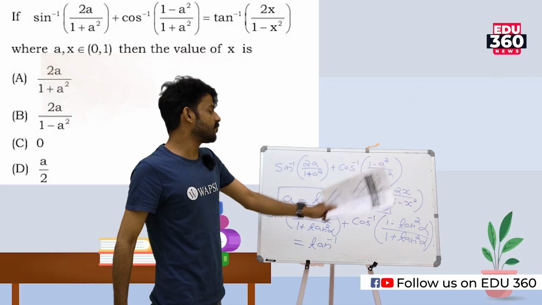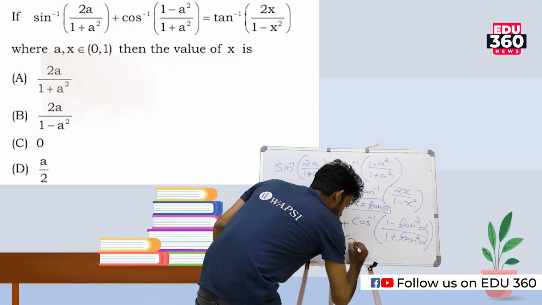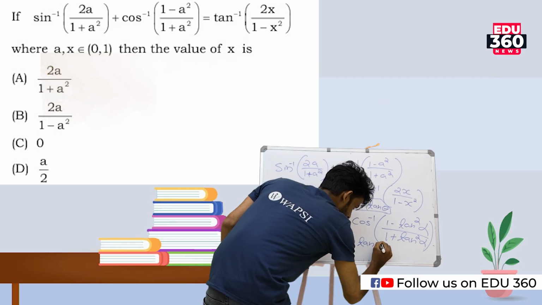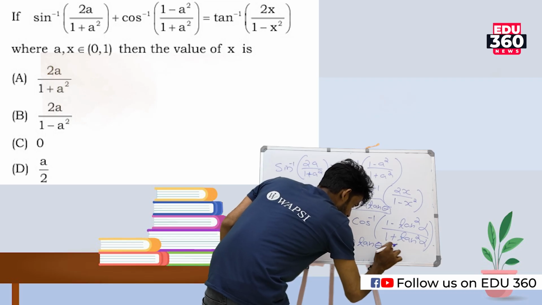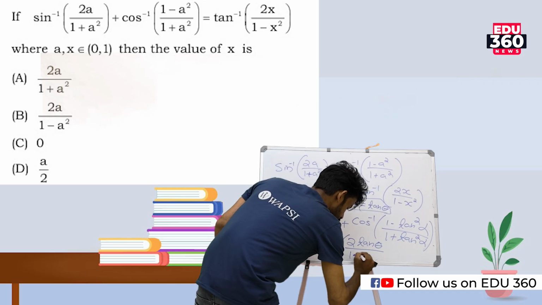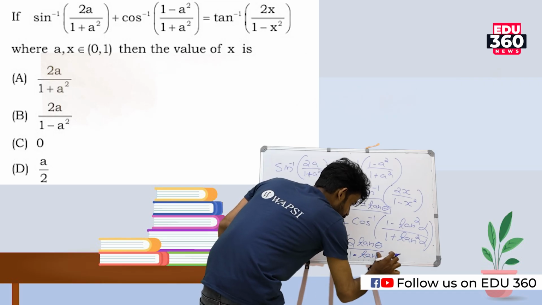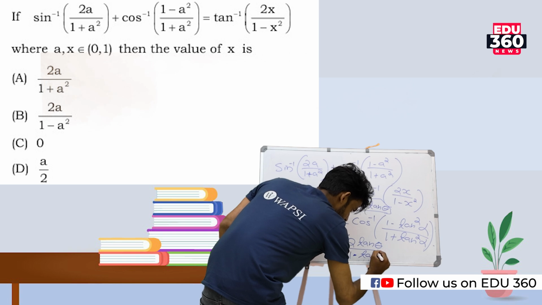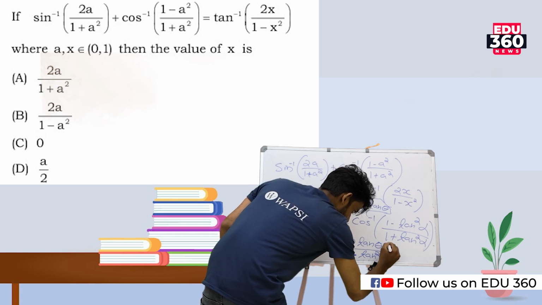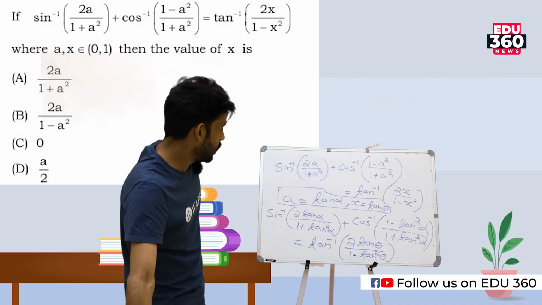Instead of x, just substitute tan theta, so that is 2 tan theta divided by 1 minus tan square theta.